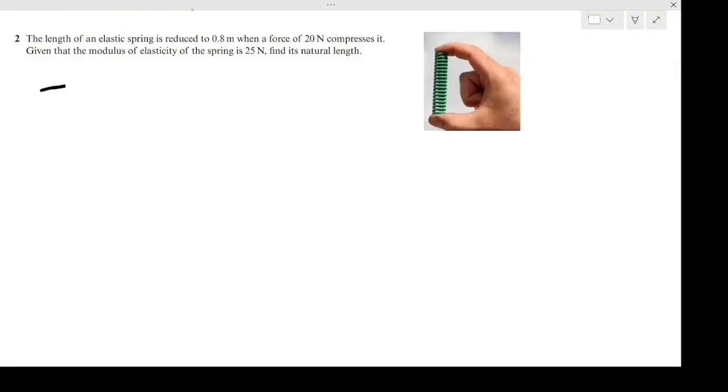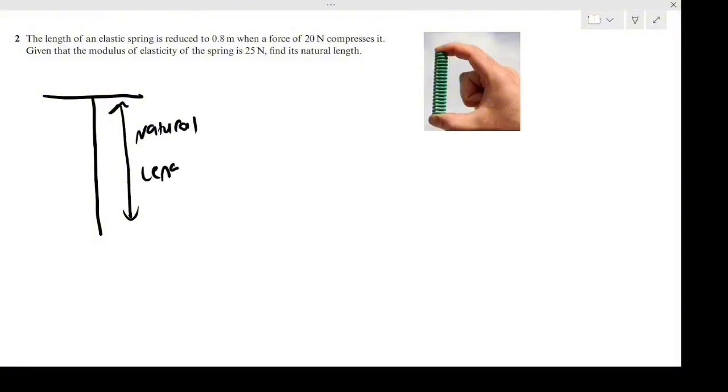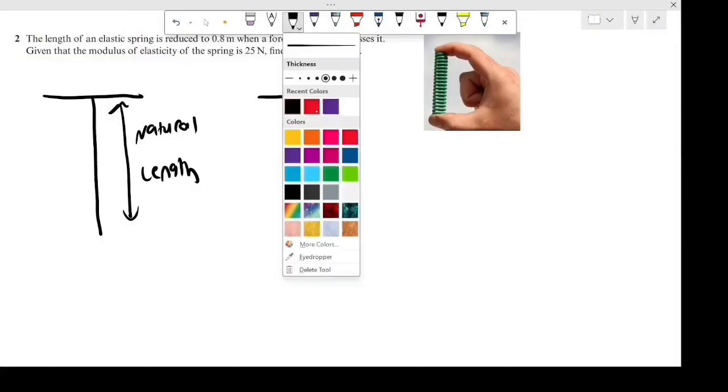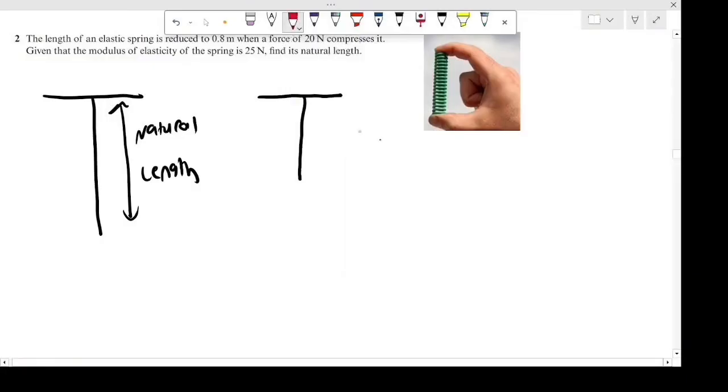Let's say normally my spring is hanging down, and that's my natural length. But then it's being compressed, so the spring is going to be compressed because there's a force compressing it.